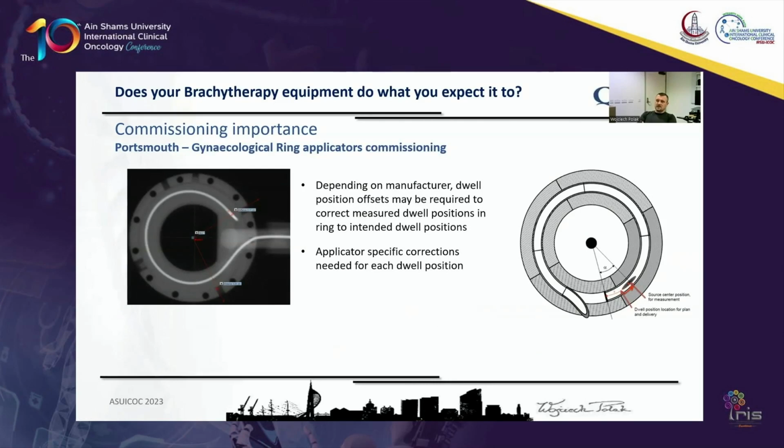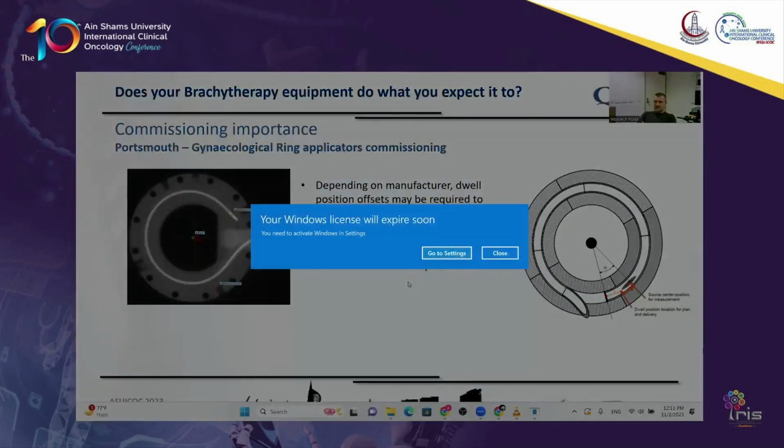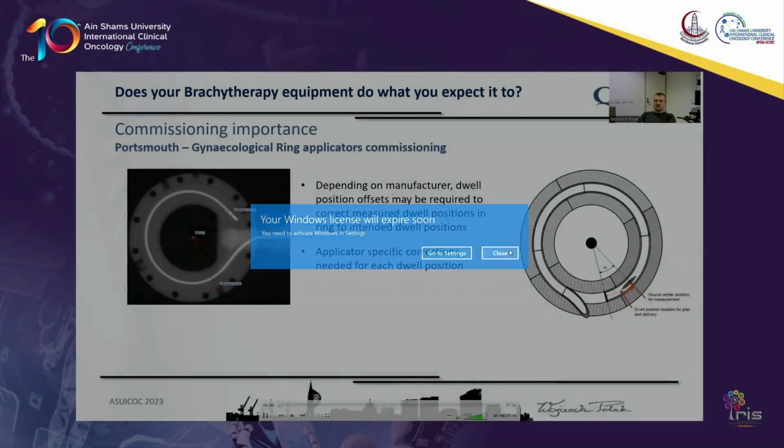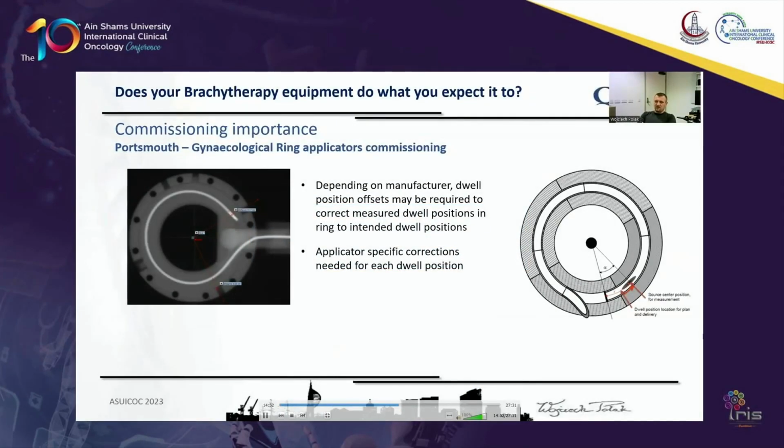The reason being that the source path, obviously in the ring applicator, is very curved. And the curvature causes the source cable to behave in a manner that is very difficult to predict.